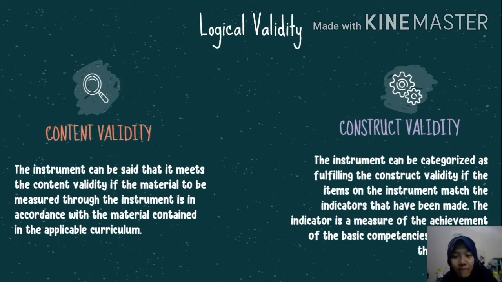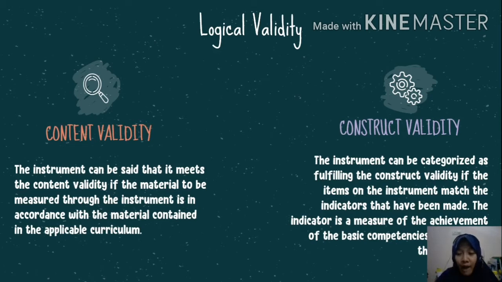2013. And the instrument can be categorized as fulfilling the construct validity if the items of the instrument match the indicators that have been met. The indicator is a measure of the achievement of the basic competencies contained in the curriculum.